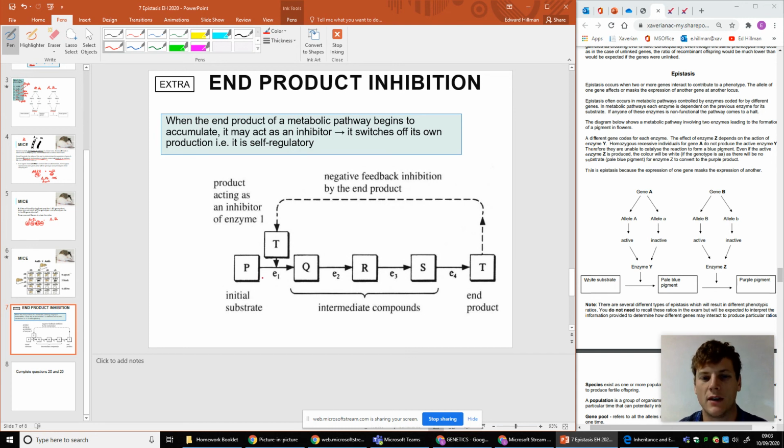The importance of that is it prevents the cells from producing too much of the end product, because that end product goes back and inhibits one of these first enzymes, and that regulates the production of the intermediate compounds and therefore regulates the production of that end product. Then, if they've been inhibited for a while, the concentration of the end product would decrease, there'd be less inhibition, and the process can continue.